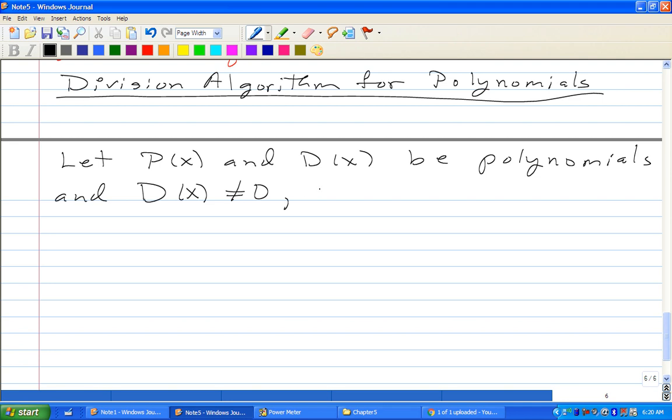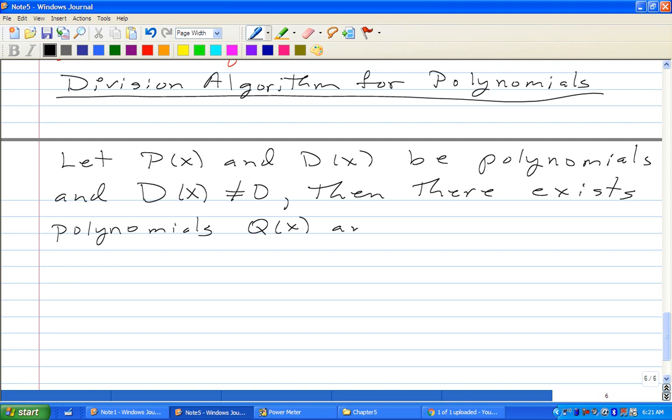Then there exist polynomials, let me call them q of x, the quotient, and r of x, the remainder, such that, well, the dividend is equal to the quotient times the divisor plus the remainder.